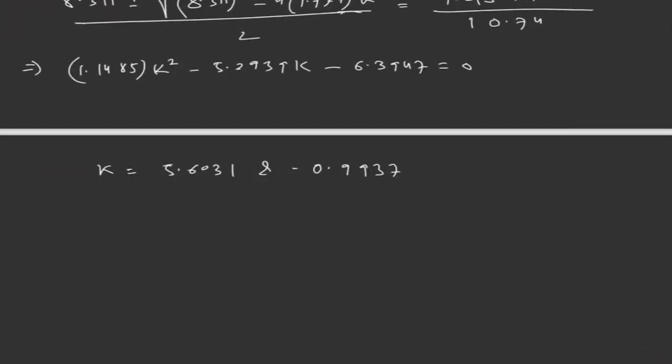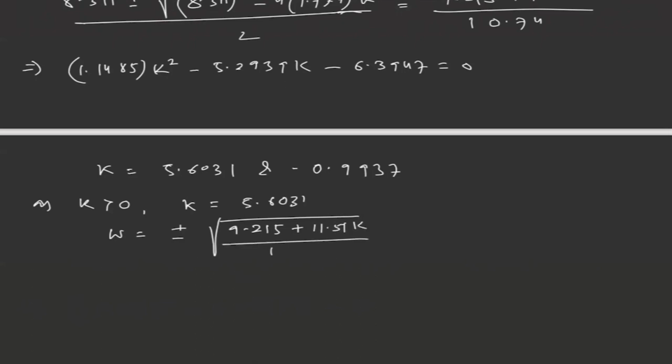It is clear that K is greater than 0, so we take K equal to 5.6031, and for this case omega will be plus minus square root of 9.215 plus 11.51 K divided by 10.74, which gives plus minus 2.6197.